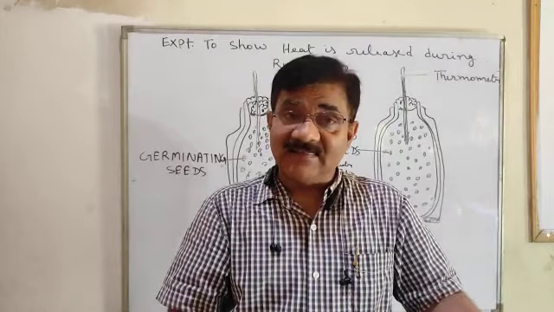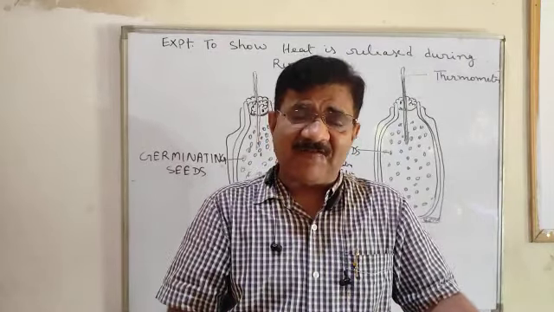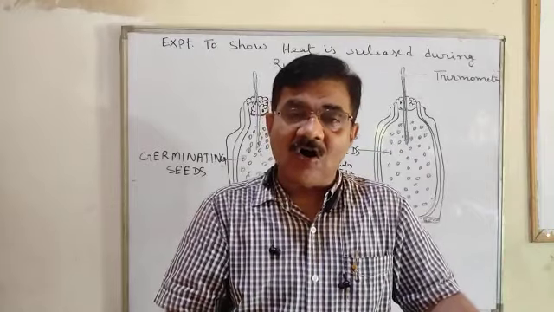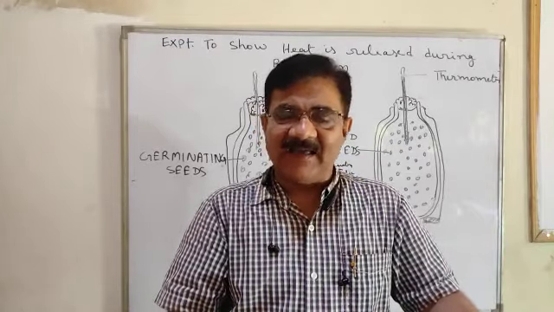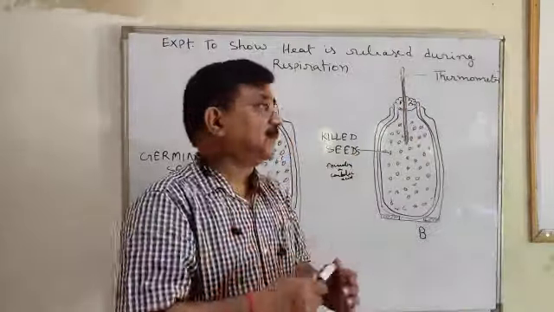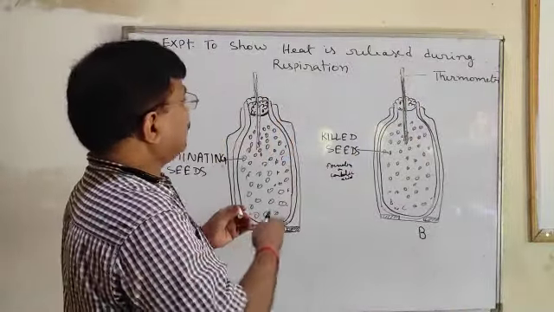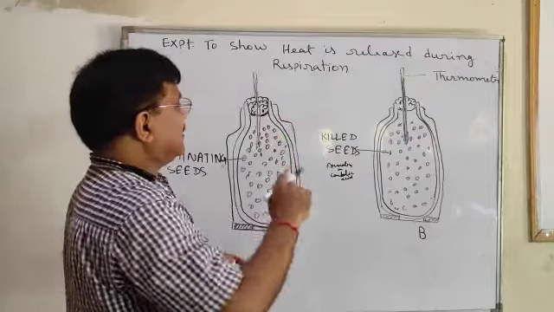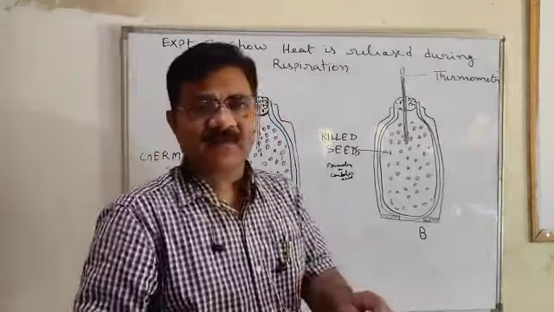So either that experiment must be performed in a dark room or it should be covered by a black cloth. Today we are going to discuss another experiment, an experiment to show that heat is released during respiration.